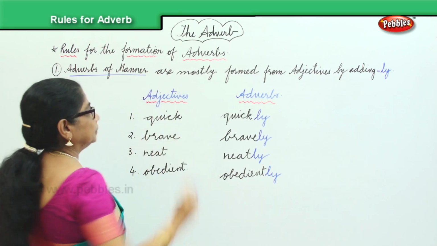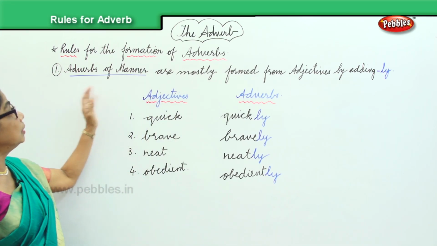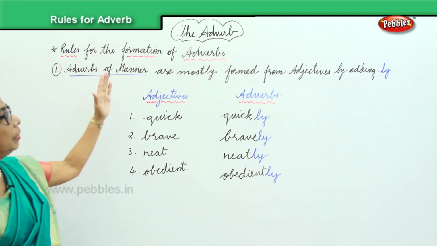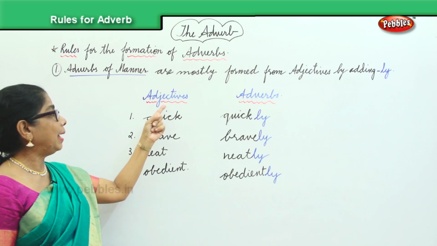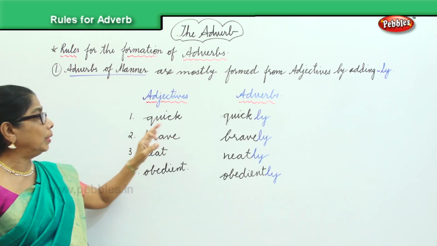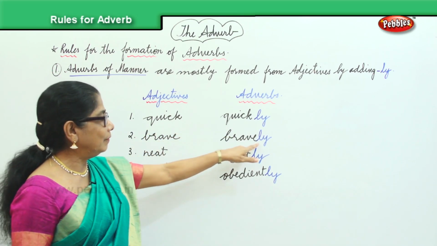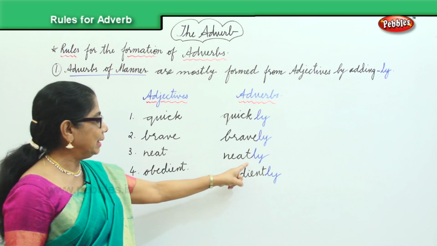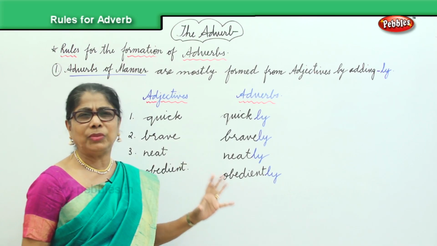So what did we say? Adverbs of manner, that's rule number 1. Adverbs of manner are mostly formed from adjectives by adding ly to the word. Quick, quickly, brave, bravely, neat, neatly, obedient, obediently. Few words, some of the words, not all.